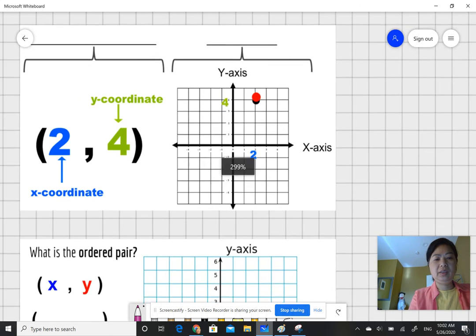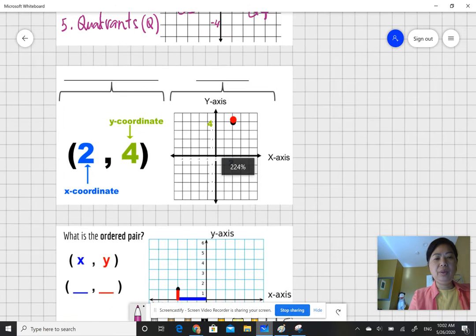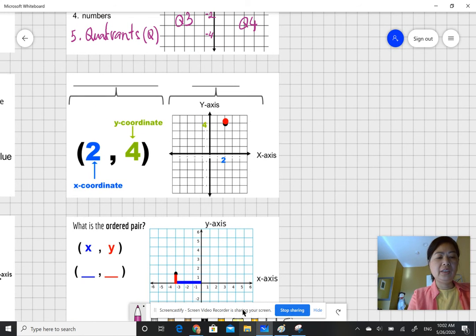Each ordered pair has an x coordinate and a y coordinate, right? So in this point, 2 is the x coordinate and 4 is the y coordinate, right?